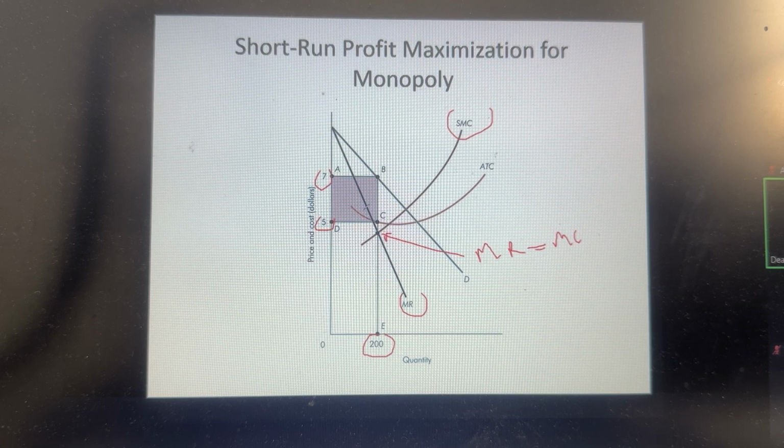Cost is found from the ATC curve, so you find the point C and then come to the price axis. From 1 unit you keep 2 rupees, or $2 profit, and then we have a total of 200. Therefore, the value of the shaded area is equal to 400. That is supernormal profit.